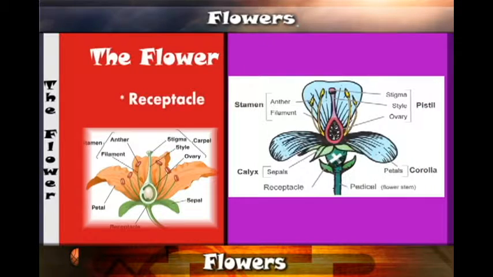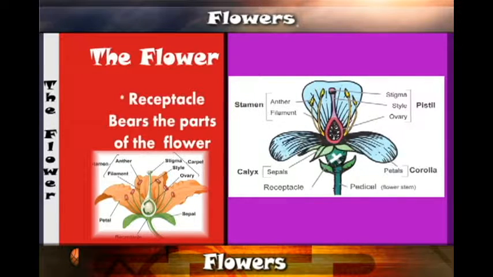Then we have the receptacle. The receptacle is a structure which is the floral part, where the floral parts are borne, where we have the sepals, where we have the petals coming from. The ovary may also come from the receptacle.